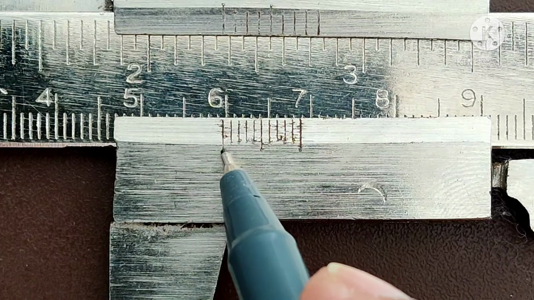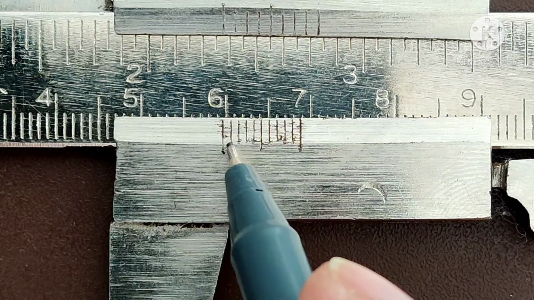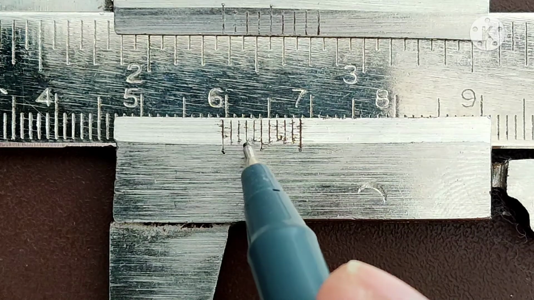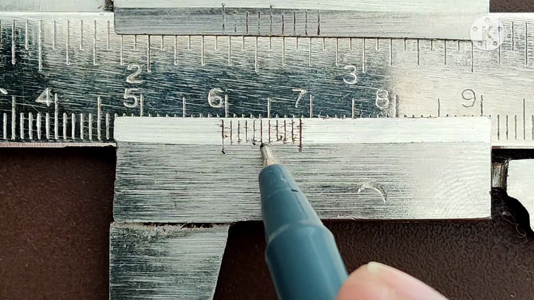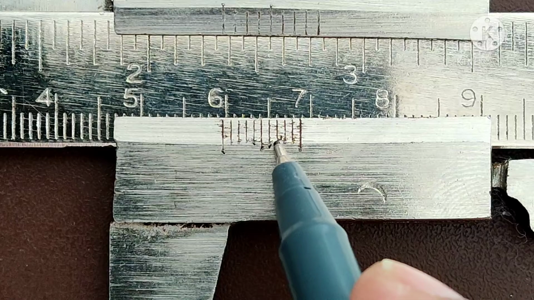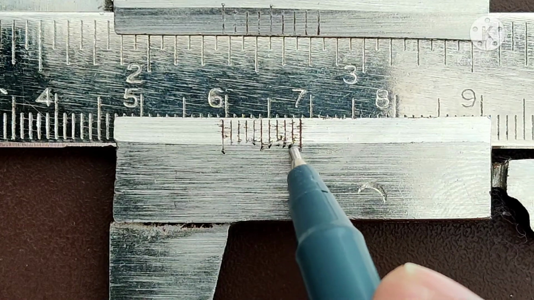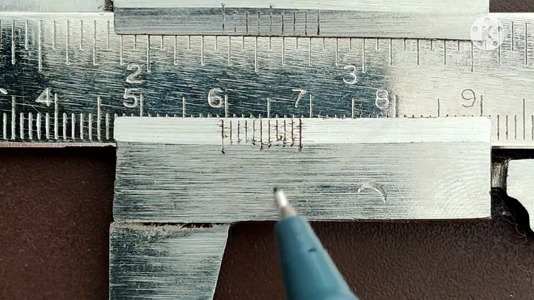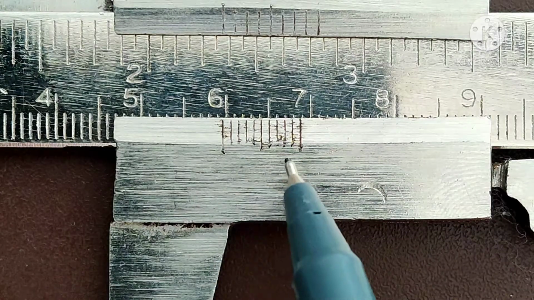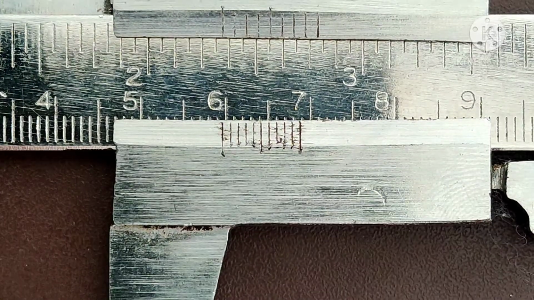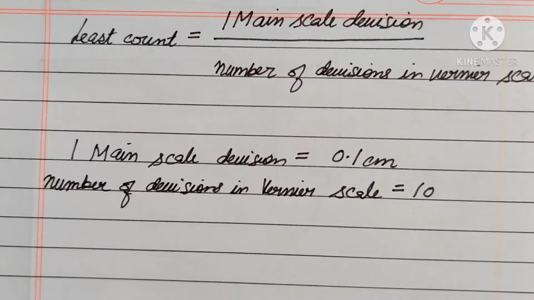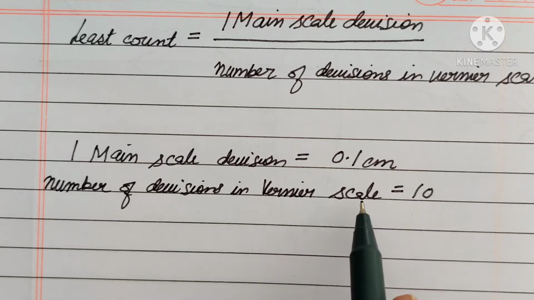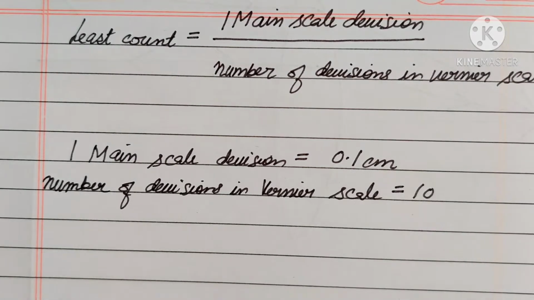Look here, this is 0, 1, 2, 3, 4, 5, 6, 7, 8, 9, 10. So total there are 10 divisions in vernier scale. Now number of divisions in vernier scale is equal to 10.